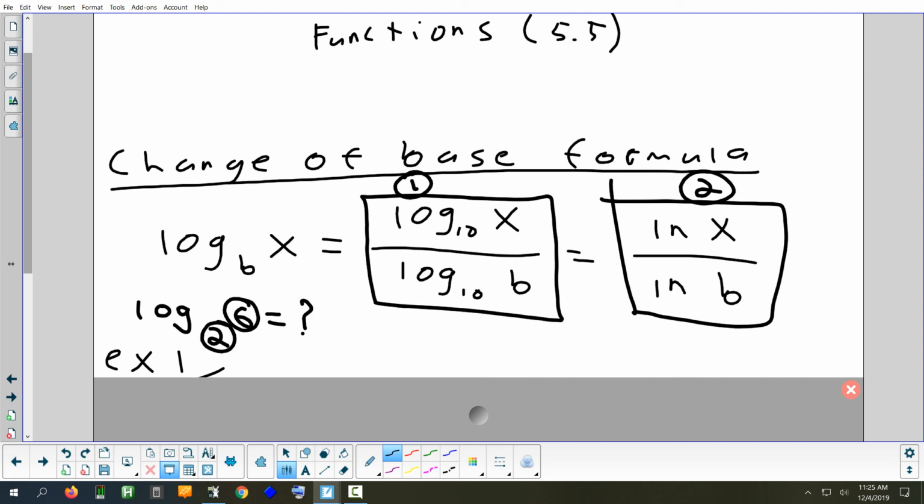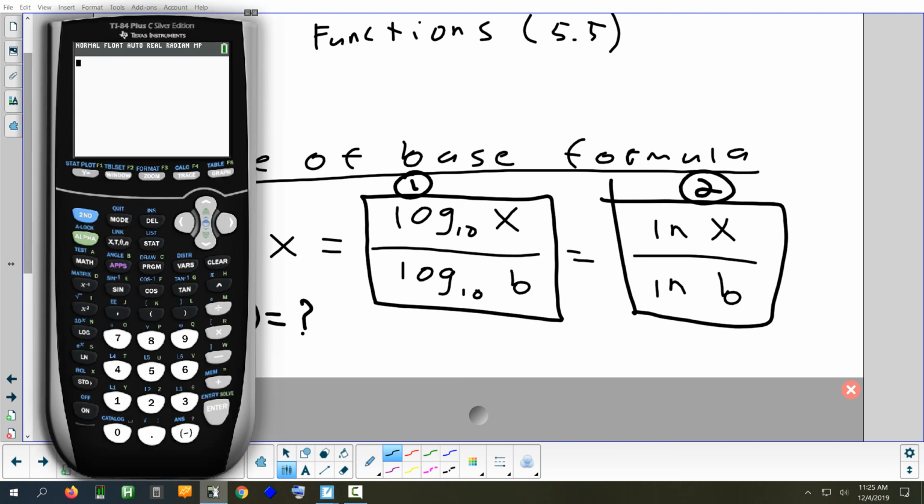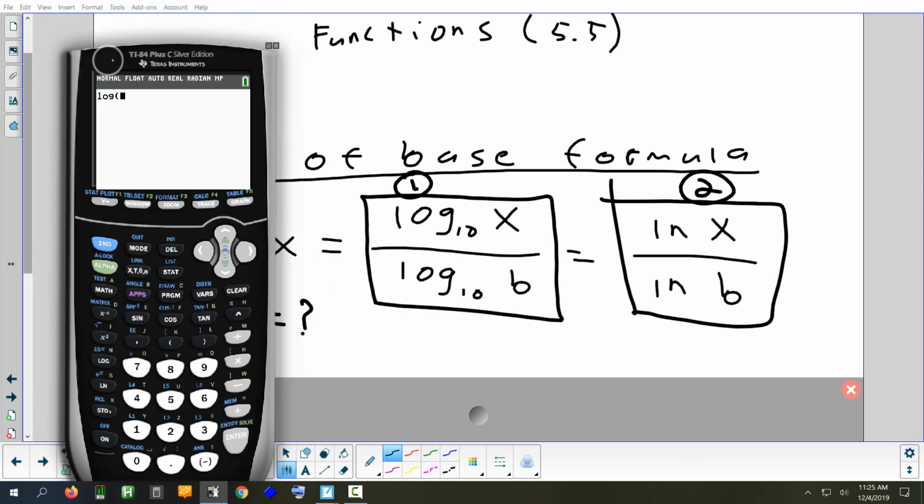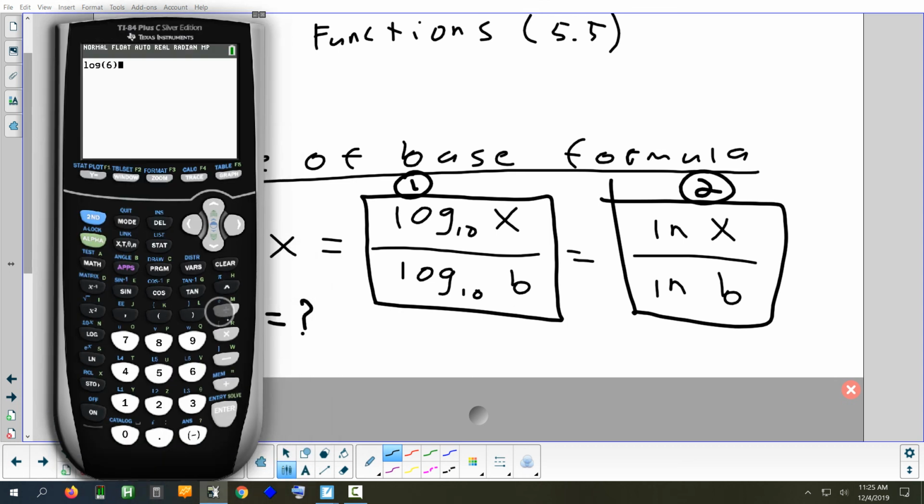B is always the number that goes in the bottom. So if you wanted to figure out log base 2 of 6, this is how you can type it in. Log 6 divided by log 2. Now notice my calculator didn't even put the 10. That's okay, doesn't need to. If there's no base written, it's always a 10.